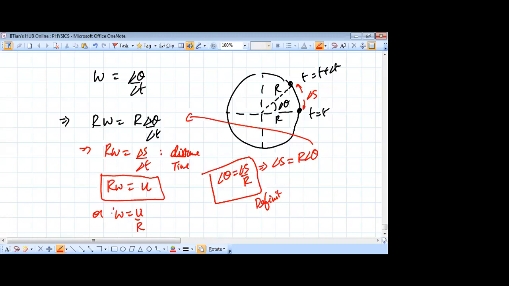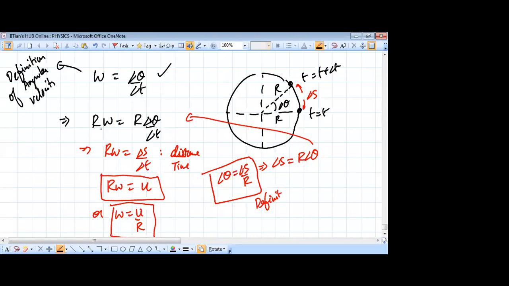That is how we get the relationship between the speed and the angular speed. So what was happening? See, this equation was the definition of angular velocity.